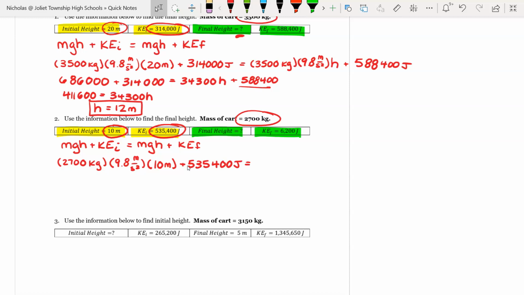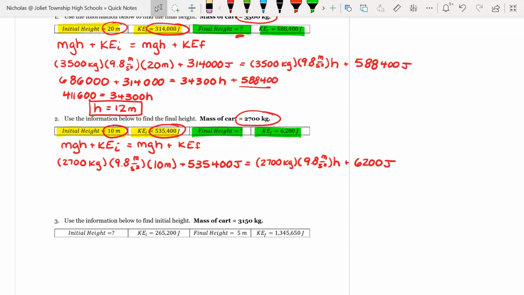Okay, and then on the right side, we just plug in what we know. We know the mass of the cart is 2,700. We've got 9.8. We do not know the height, so we're just going to leave it as h. And then the ending kinetic energy.